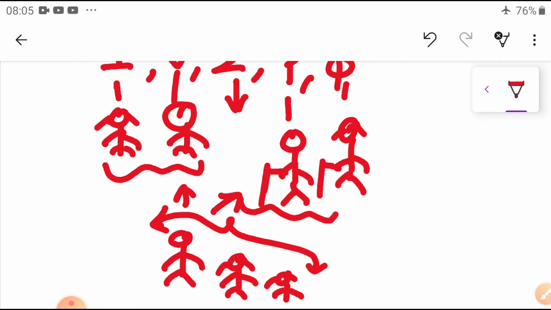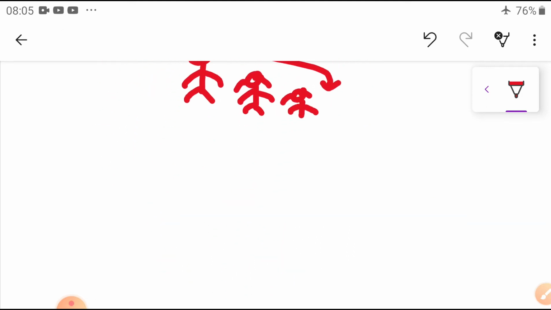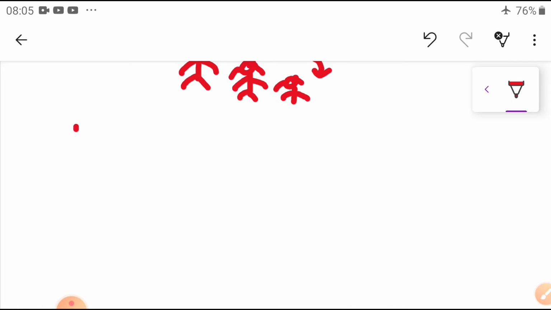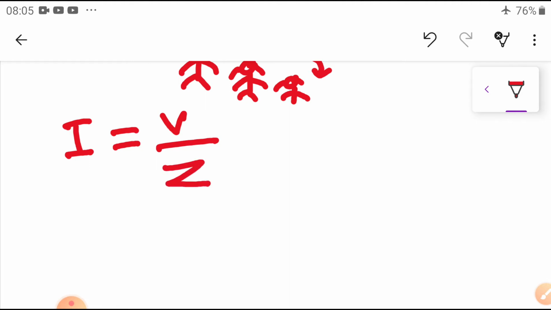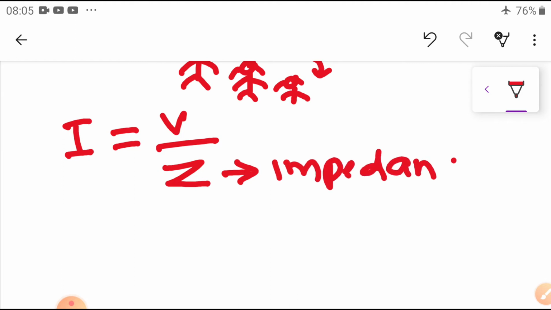Okay. So, what we have seen here is that the current, the mother, is equal to V by total family effect. So, what is Z? Impedance. Impedance we have seen. What is the unit? Ohmic value.